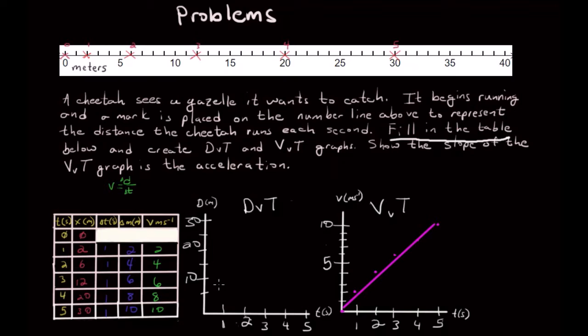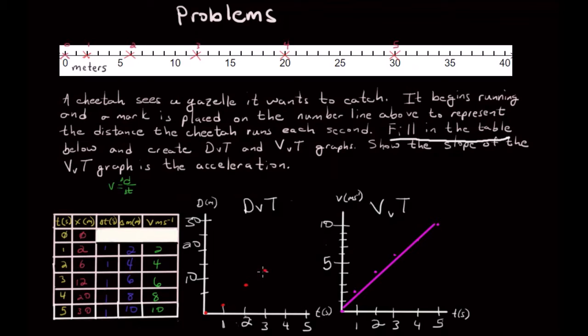So at the first second, we are at 2 meters, which is about right here. We had 0 at 0. At 2 seconds, we are at 6, which is about right here. At 3, we have 12, which is about right here.